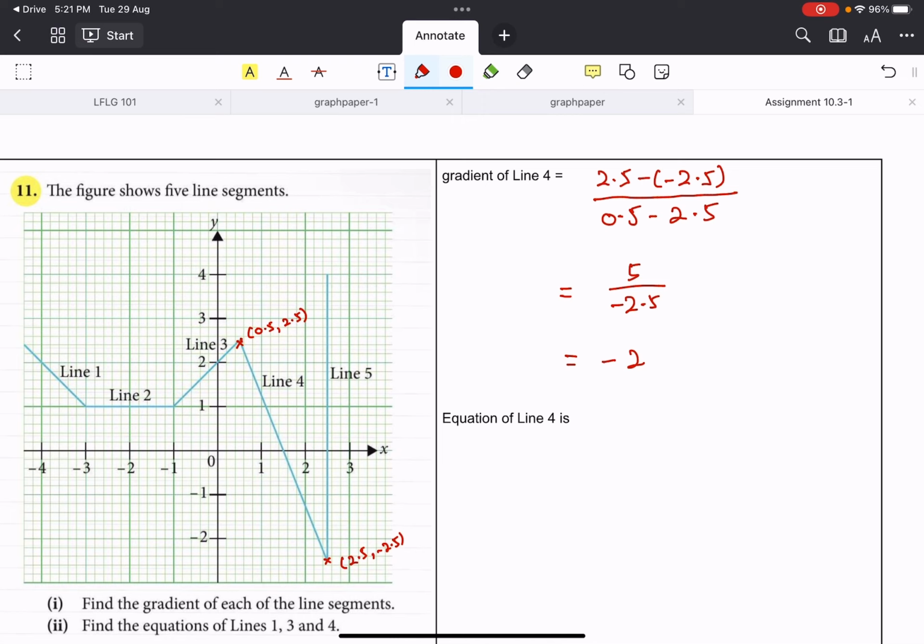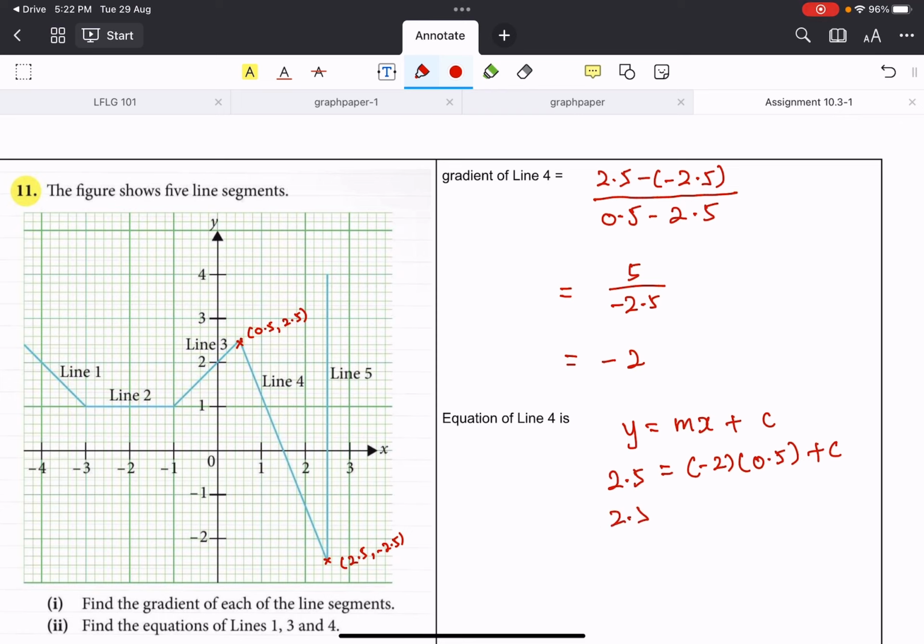Then we need to find the y-intercept. We know y equals mx plus c. Let's substitute the values we know, using the first point. y is 2.5, m is negative 2, and x is 0.5, plus c.